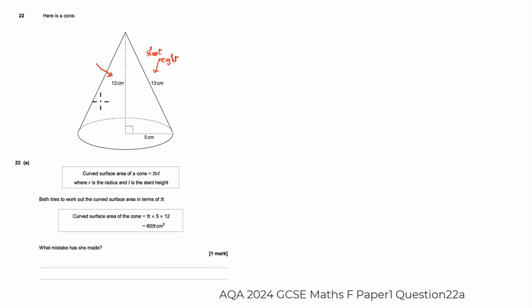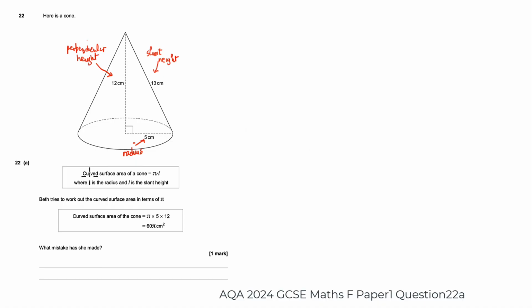This is the perpendicular height. And of course this is the radius. Now the base of that cone is a circle. We're looking at it in a representation of 3 dimensions, so it looks a bit squashed. But if that base is a perfect circle.